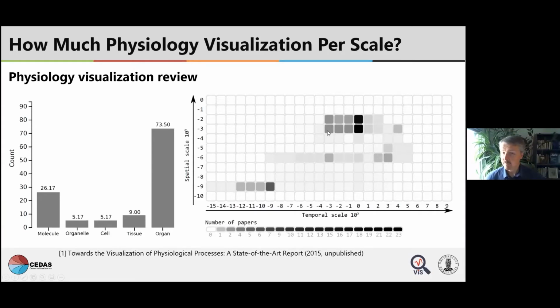It's not a perfect correlation, so we do have processes where we have longer time scales and smaller spatial scales and vice versa. But in general, there seems to be a correlation between space and time when it comes to physiology. I guess that physics has a big word to say in explaining this as well.